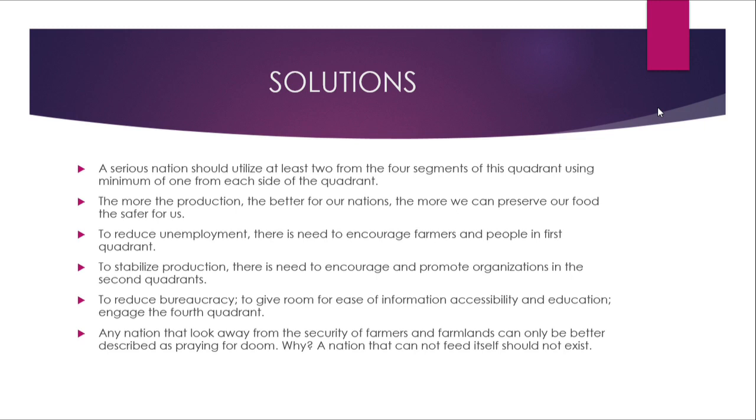To reduce bureaucracy, to give room for ease of information accessibility and education, engage the fourth quadrant. If you want to pass information to your farmers in the rural areas, send small-scale research and extension givers. They will go there and discuss.